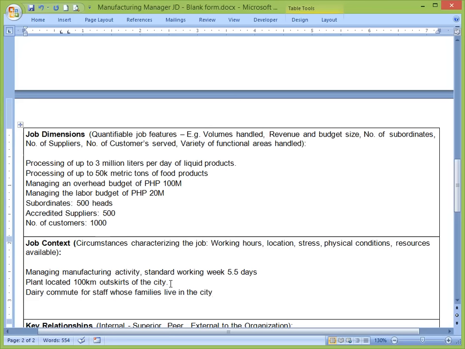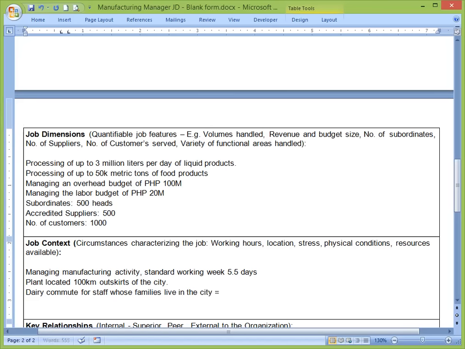Maybe 100 kilometers is okay. Or if you're working in the central region, 100 kilometers is okay. Always that much distance. But the families are living in the city and they're working in the provinces. So some people are making their choice to commute every day.